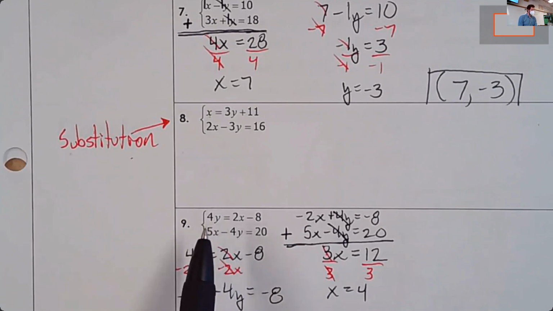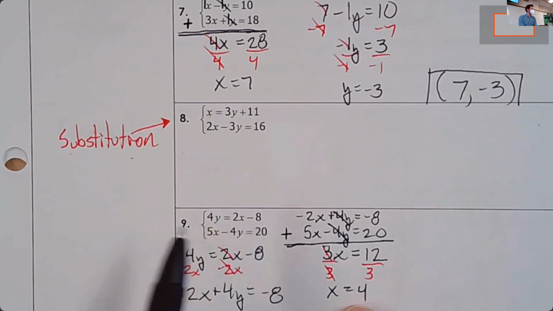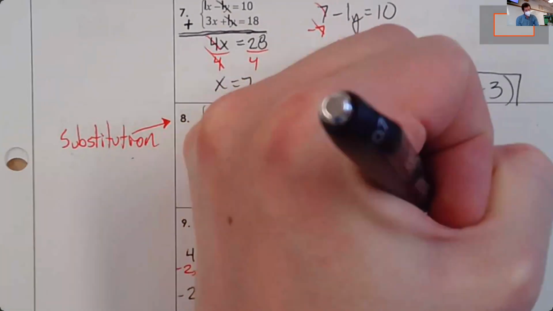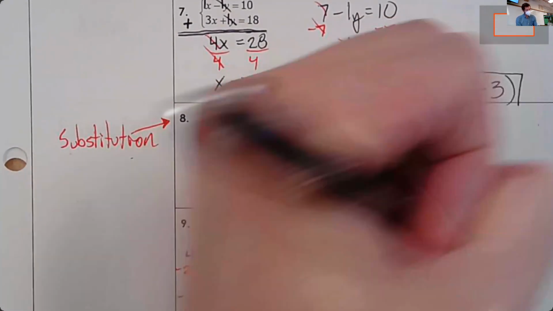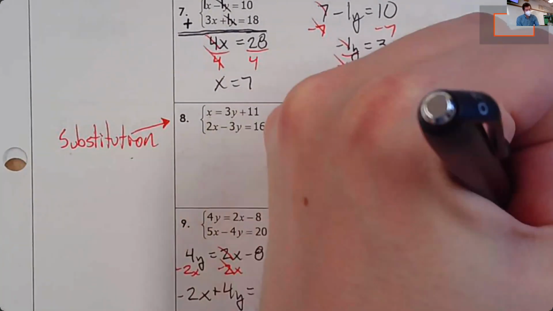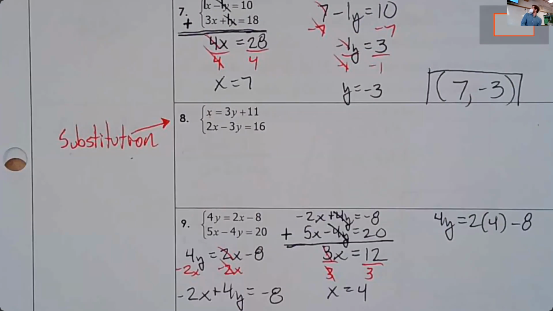So let's use the very first equation and plug x equals 4 into that equation. We're going to say 4y equals 2 times the value of x, which is 4, so 2 times 4, and then minus 8. We're using the very first equation because we want to solve for y.